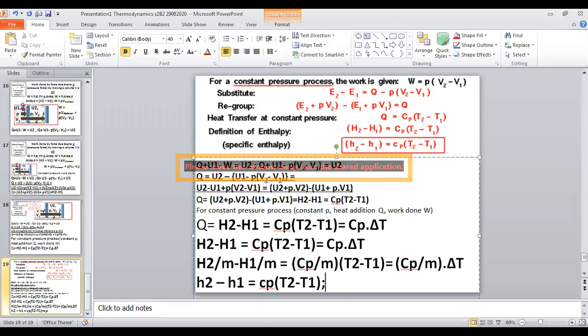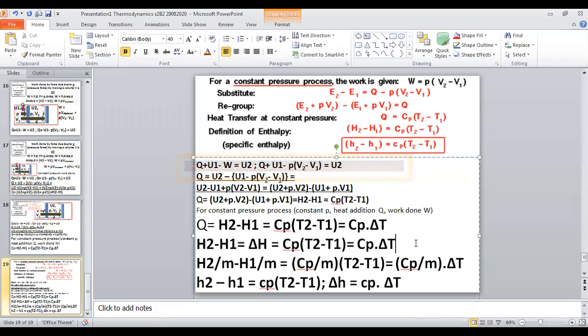And in delta terms, H2 minus H1 is delta H, Cp times delta T. Here you can see it's delta big H. So that's how it is.